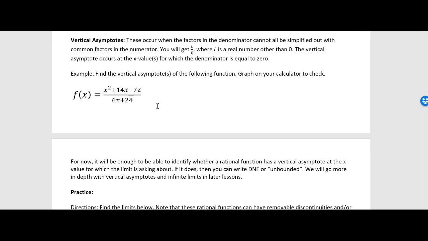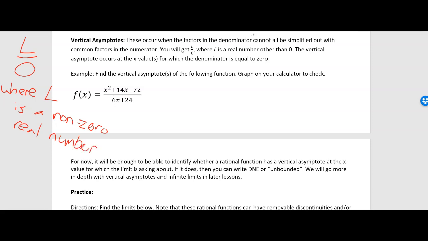Essentially, if we can get a fraction where we have a real number in the numerator other than 0, something like L over 0, where L is a non-zero real number, then we will have a vertical asymptote somewhere.